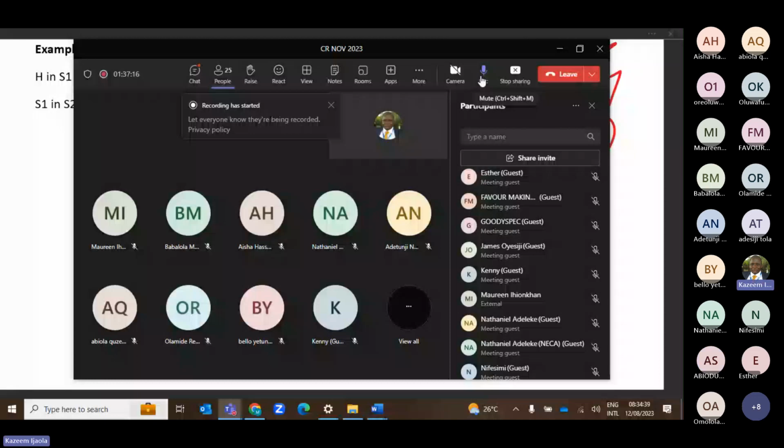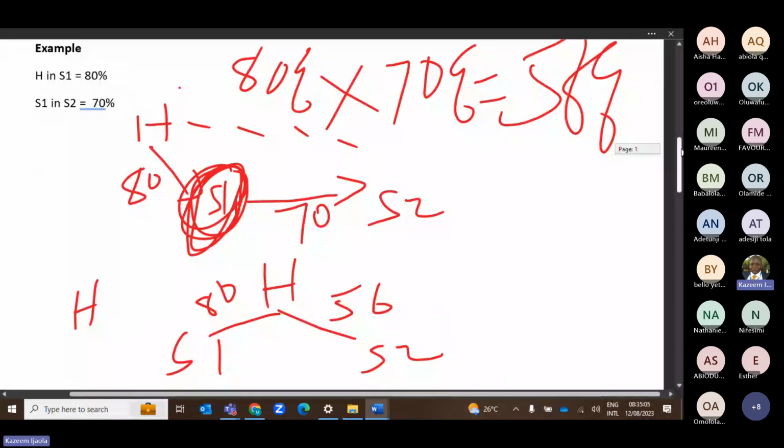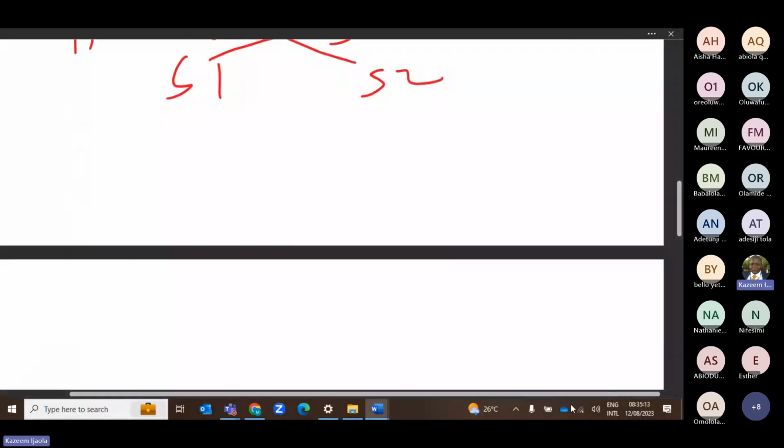Where exactly is my phone? All right, let me analyze it again for you. Okay, good. My network strength is low. I think I left my phone outside. Let me bring my phone back because my network is very low. I'm using the Wi-Fi hotspot on the phone.